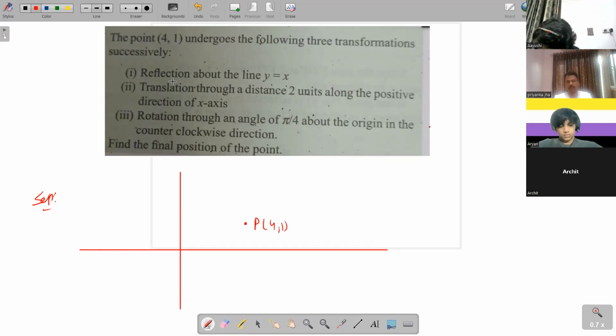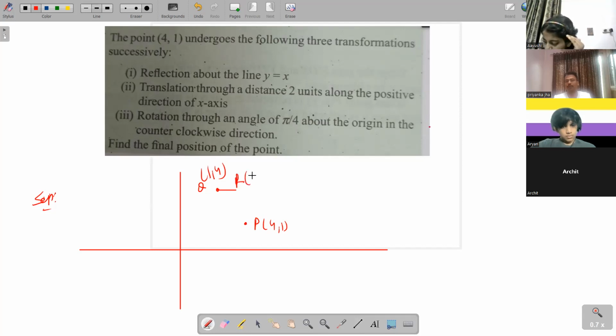First, it says reflection about the line y equal to x. So about y equal to x, suppose this is the reflection, its coordinate will be (1,4). Then translation through a distance of 2 units along the positive direction of the x-axis. So somewhere here, let's say R, 2 units along this.